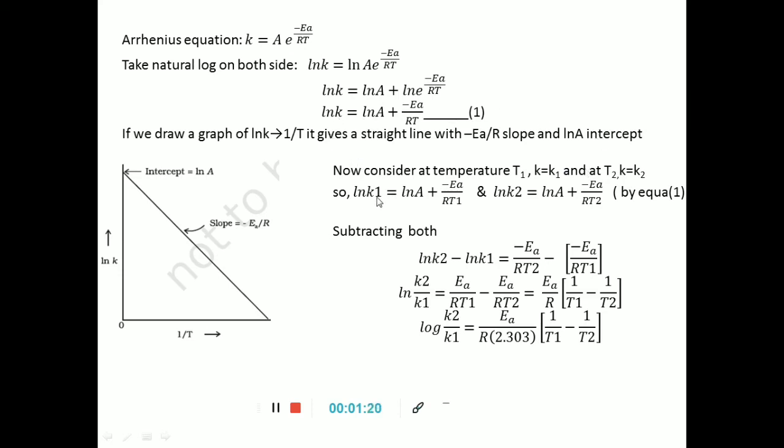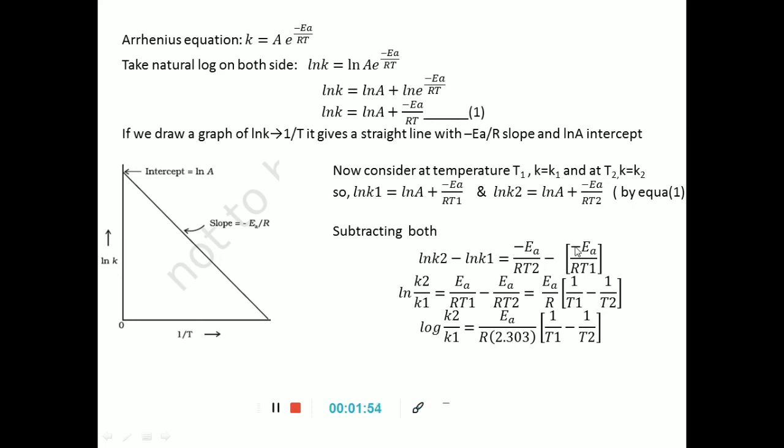So I have written ln k1 is equal to ln A plus minus Ea by R T1, and ln k2 is equal to ln A plus minus Ea divided by R T2. Now subtract these two equations. So I get ln k2 minus ln k1 is equal to minus Ea by R T2 minus bracket minus Ea divided by R T1.